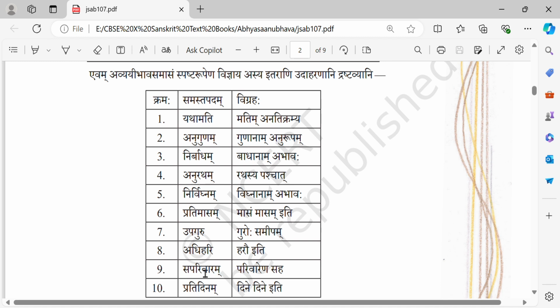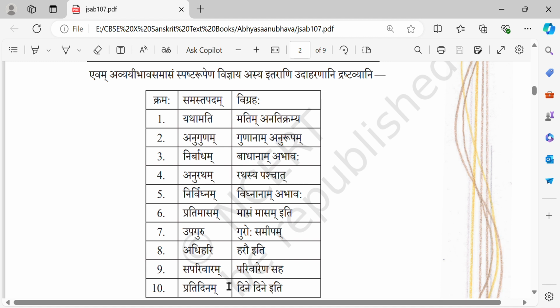So, adhi is used, that means Saptami Vibhakti of that particular word has to be taken and iti should be added. That's it. Adhihari. Vishnu iti adhi Vishnu. Next one.